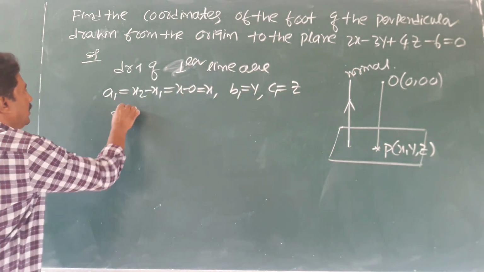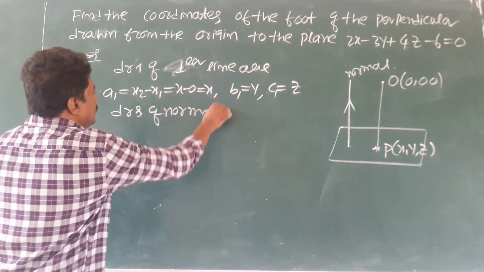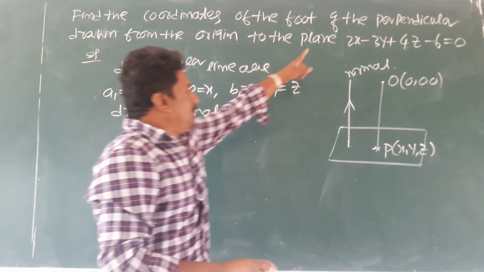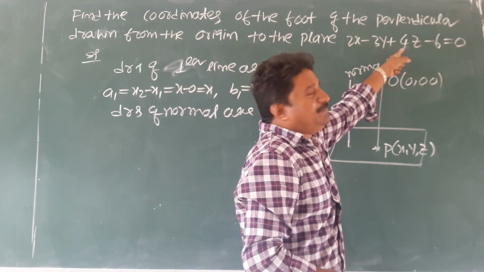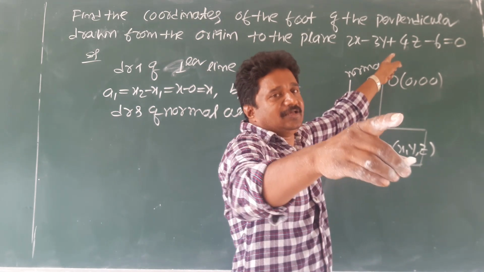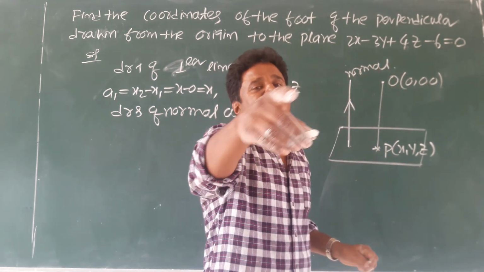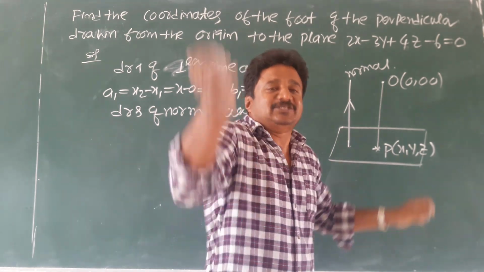DRs of the normal vector. You see this normal vector, students, 2i minus 3j plus 4k, that you saw in the previous class. You practice all the classes very well and you feel that everything is so easy.